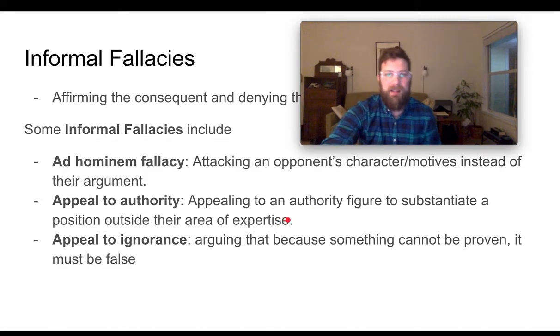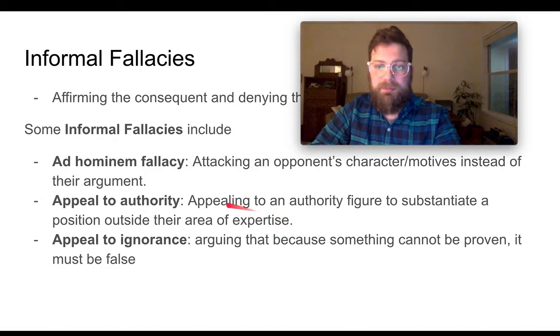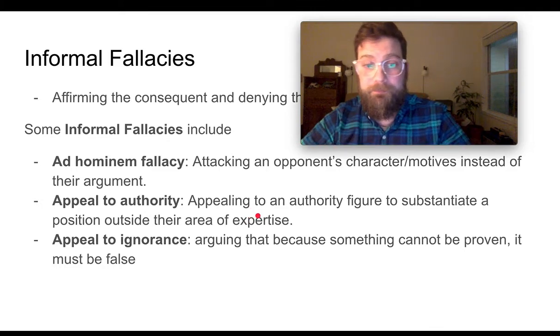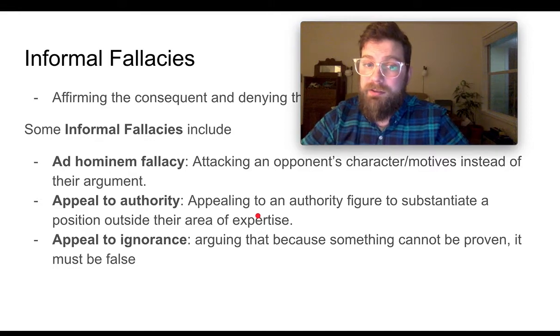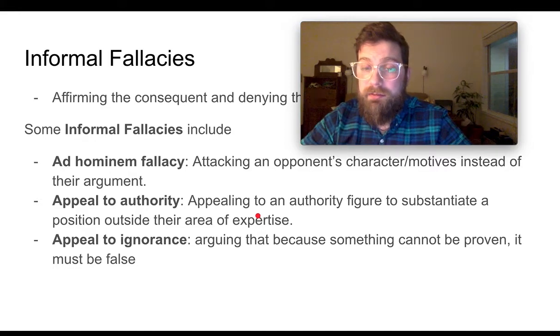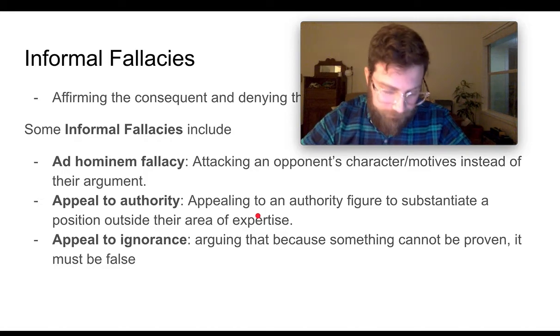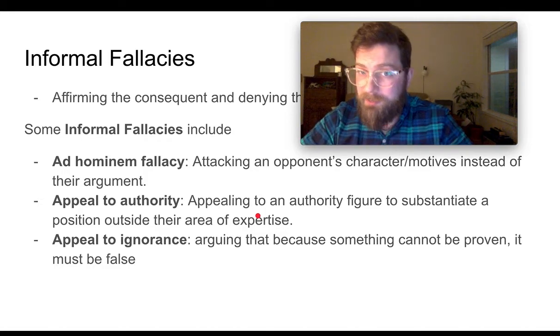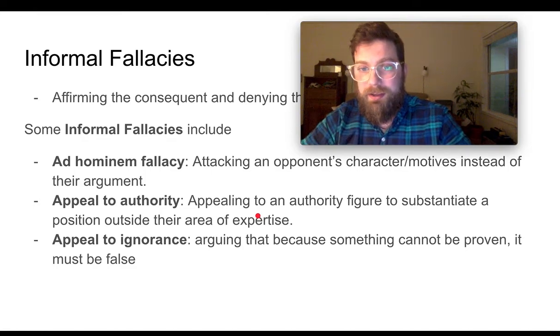Another fallacy is sometimes called the appeal to authority. And this is appealing to an authority figure to substantiate a position outside their area of expertise. So this one can be tricky because certain appeals to substantiate a position can be very relevant, right?